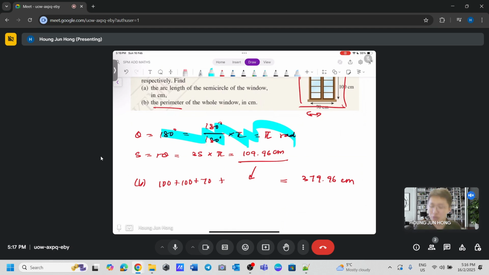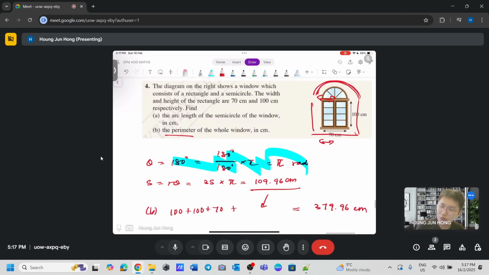For example, the simple method is 180 over 360 times 2 pi r. It's a very normal method. That also gives you the same answer, just that your steps would not be awarded, because it's not the right step to use in this chapter.